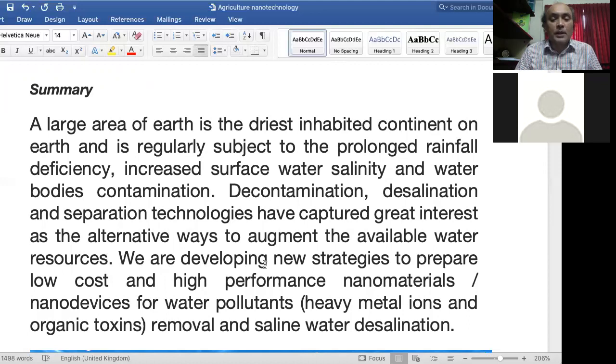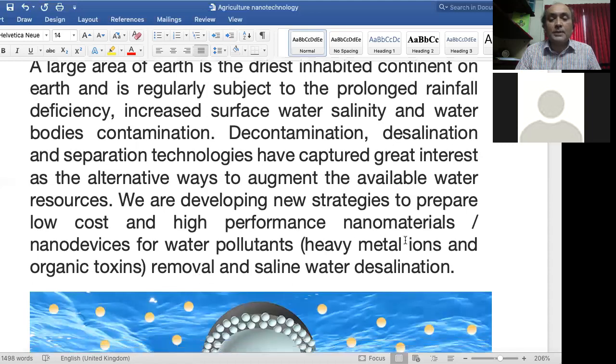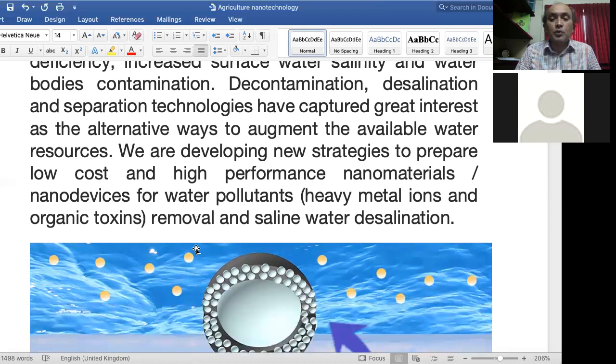Scientists are developing new strategies to prepare low cost and high performance nanomaterials or nano devices for water pollutants. In Bangladesh, a large proportion of the soil is contaminated with heavy metal ions, especially arsenic. Arsenic contamination, and in some places other heavy metals like lead or cadmium, is a big problem.